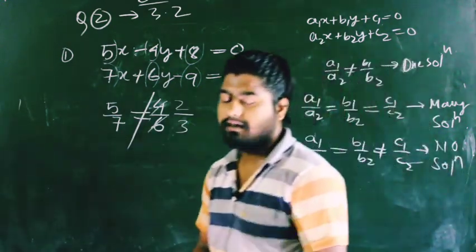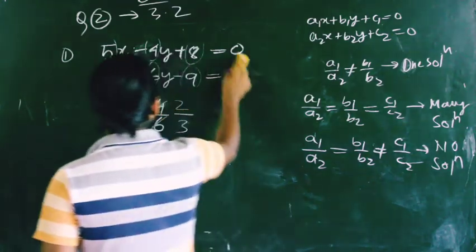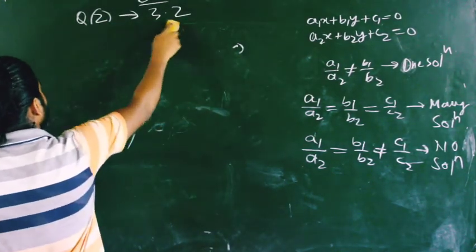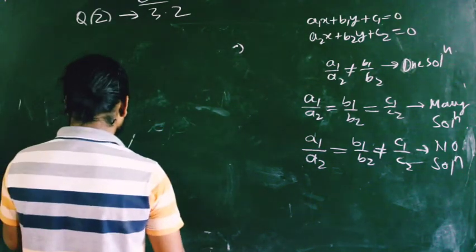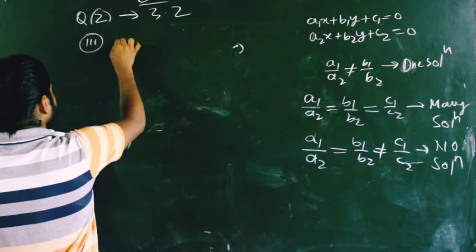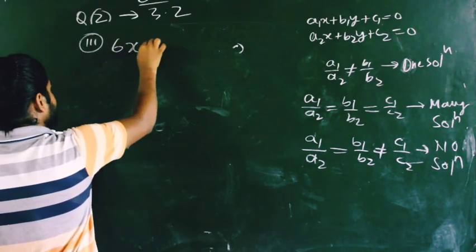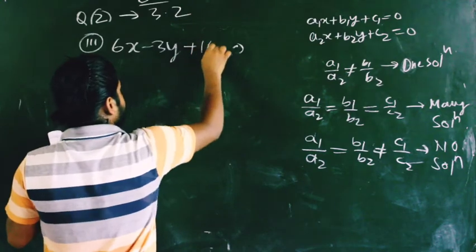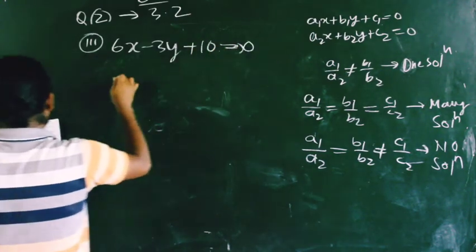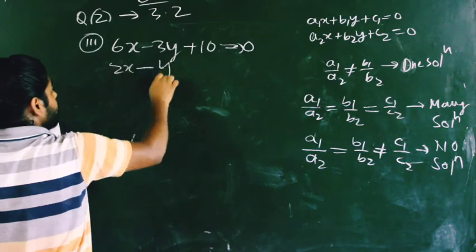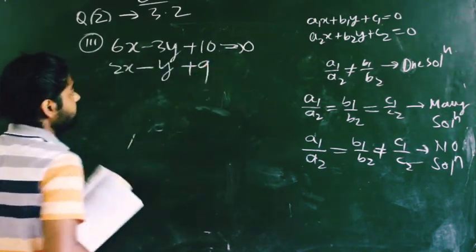Let's see with another example now. Exercise 3.2, question number 3. 6x minus 3y plus 10 equal to 0, 2x minus y plus 9 equal to 0.